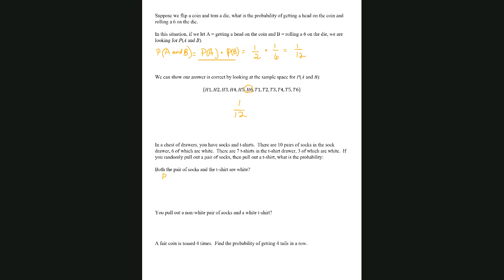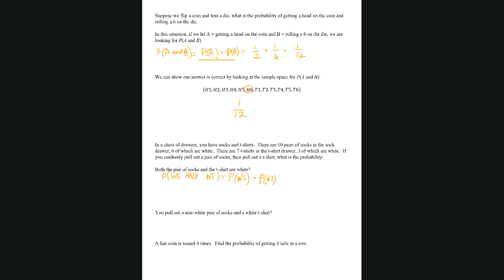So we're looking for white socks and a white t-shirt. So that means we just need to multiply the probability of getting white socks times the probability of getting a white t-shirt.